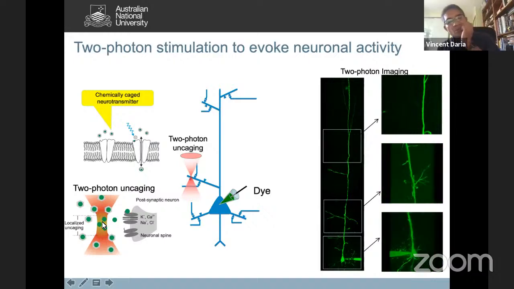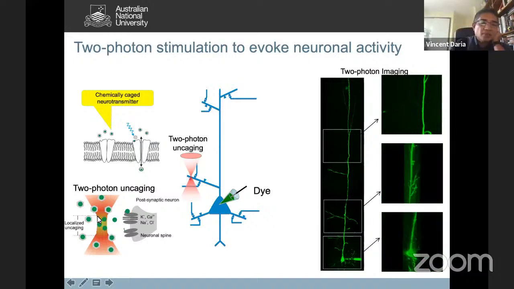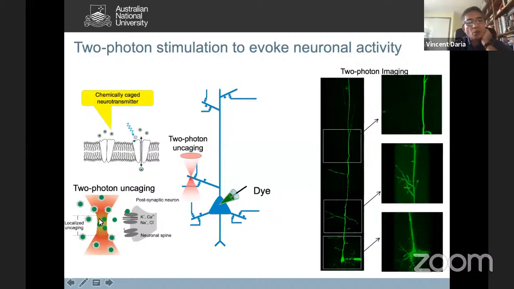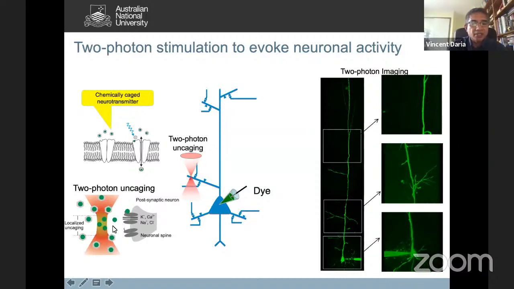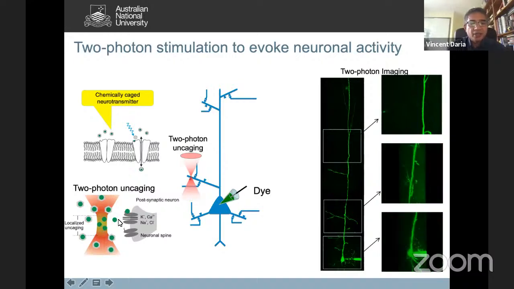The release is localized within this focal volume here. Note that only neurotransmitters within this focal volume get released. There's no release somewhere around here and here. These neurotransmitters then bind to receptors in the neuron, and allow entry of ions into the cell.